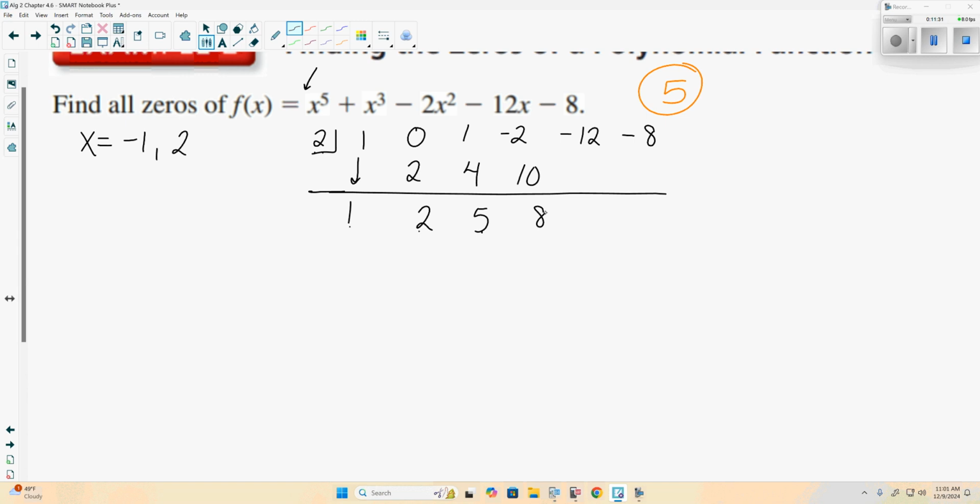We could have started with either one, it doesn't really matter which we do first. 2 times 8 is 16. Negative 12 plus 16 is 4. 2 times 4 is 8. And negative 8 plus 8 is 0. Hey, it went right. Yes, because if it is a solution, we should have 0. Since the calculator told us it was a solution, we should get a remainder of 0.